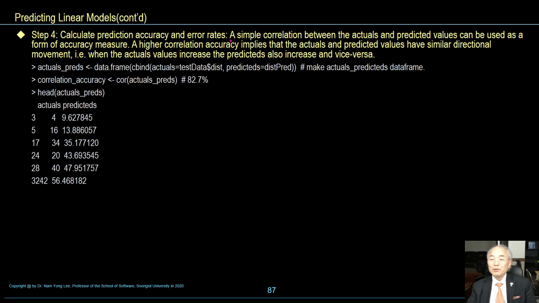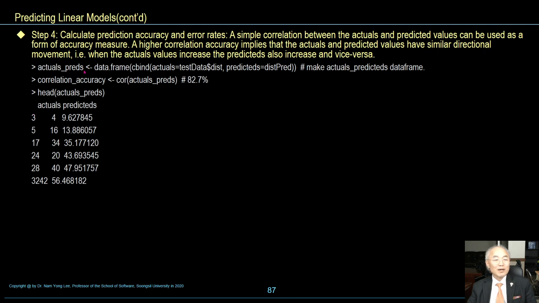A simple correlation between actual and predicted values can be used as a form of accuracy measure. A higher correlation accuracy implies that the actual and predicted values have a similar directional movement. That is, when the actual values increase, the predicted also increase, and vice versa.